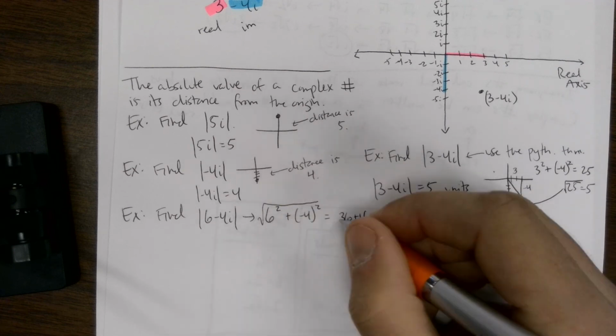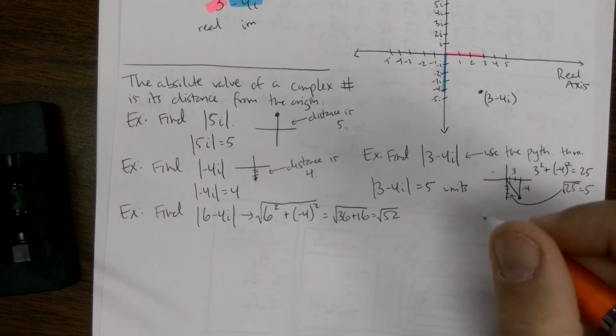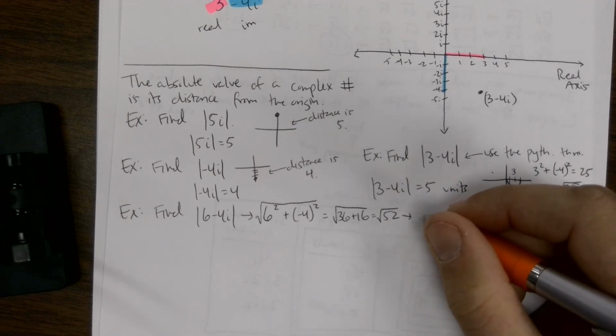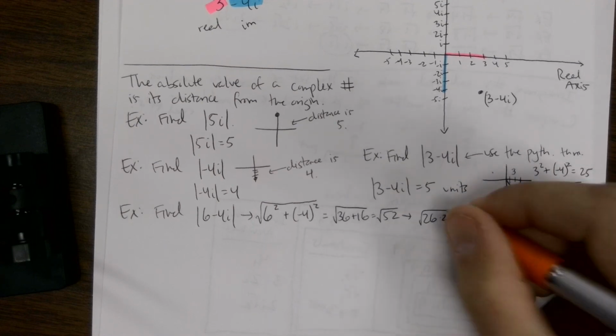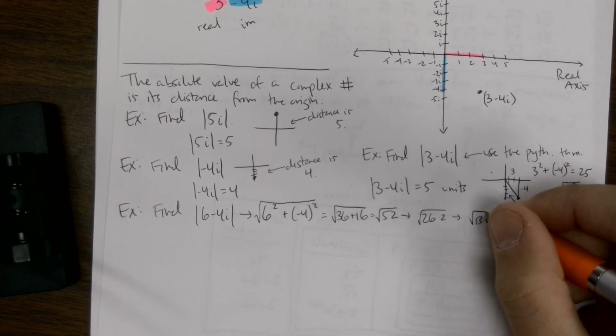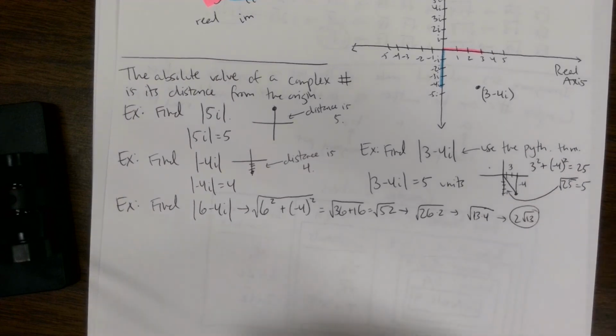Remember, this is all under the square root. The square root of 52 breaks down into 13 times 4. So that becomes 2 root 13.